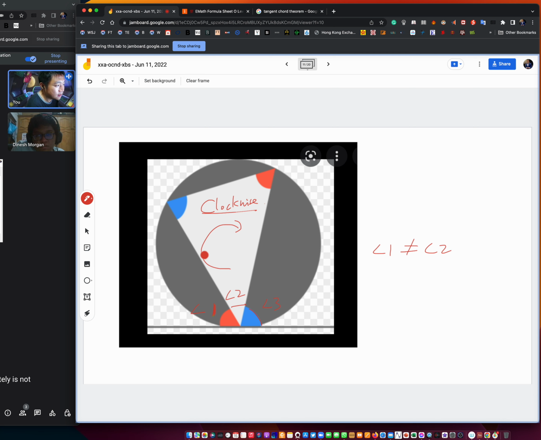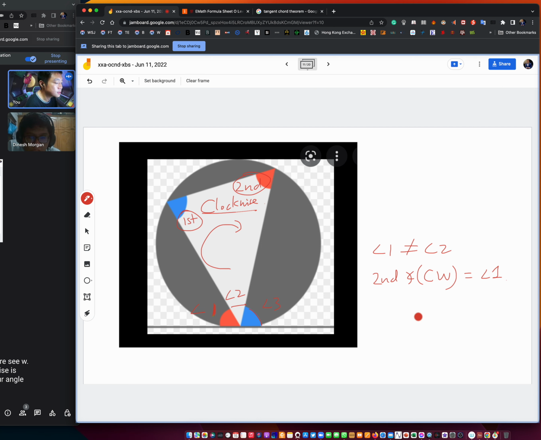Then you just go clockwise. The first angle is not equal to your angle 1, so the second one it is. So the second angle, going clockwise, is equal to your angle 1.